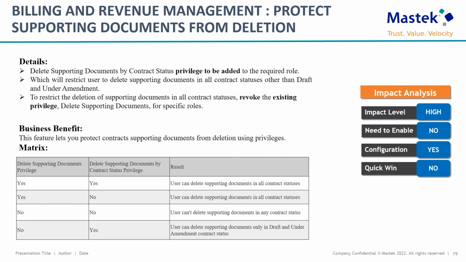In this way, based on the user roles and through the combination of existing privilege and the new privilege, business can restrict the supporting document deletion.